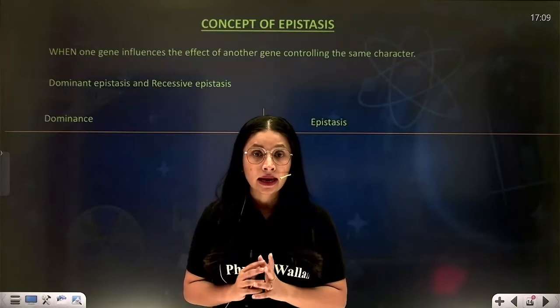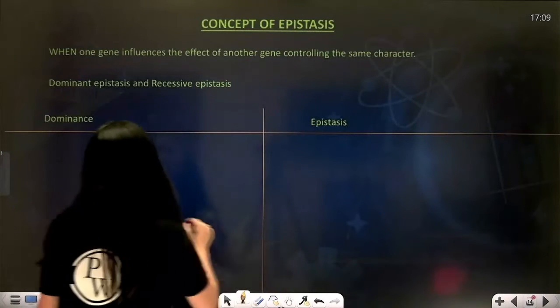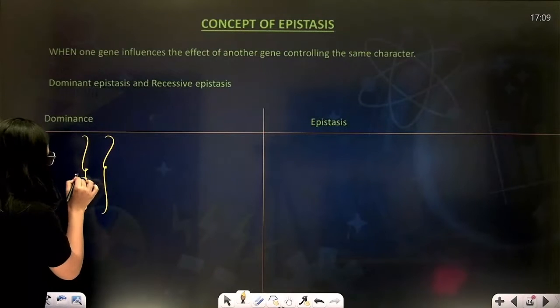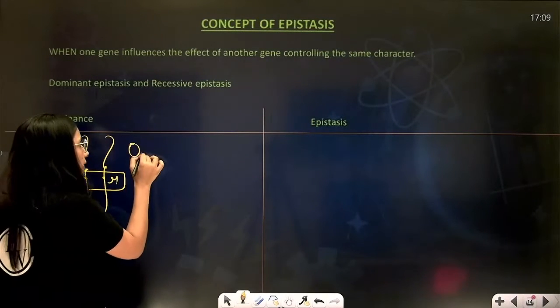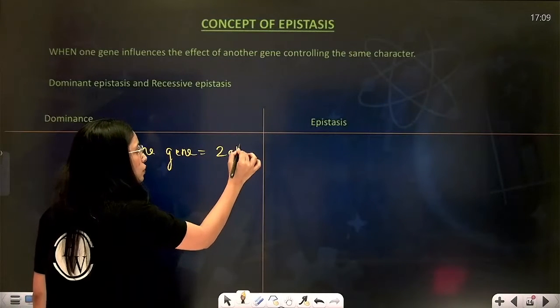Getting my point? What did Mendel say, beta? Mendel said that a gene located on a chromosome is represented by a pair of alleles. According to Mendel, one gene is represented by two alleles.